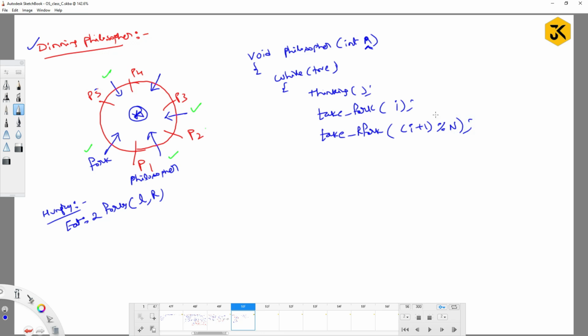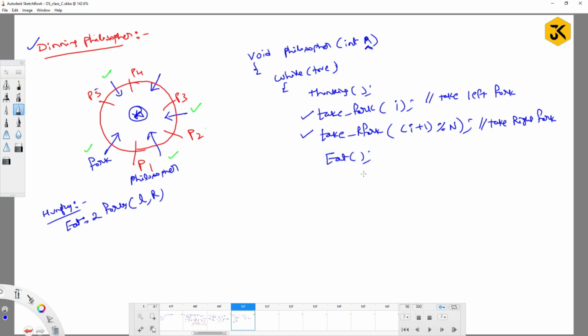N means what? Number of philosophers. Which means taking left fork, and here it will be taking right fork. Once they get the chance of taking the left fork as well as the right fork, they are allowed to go for eating.